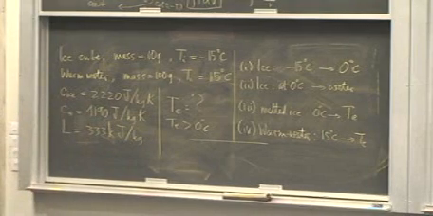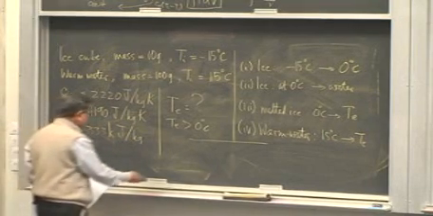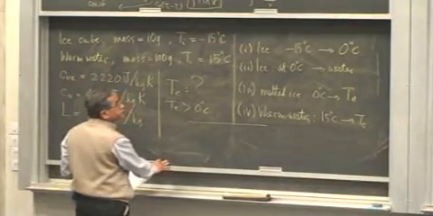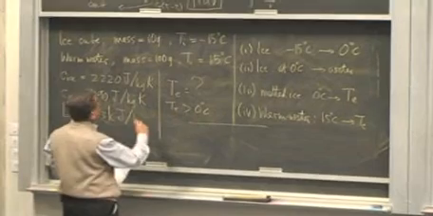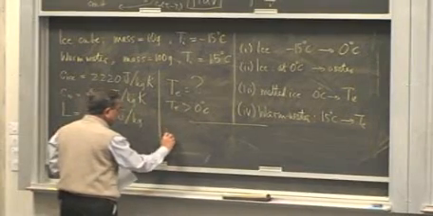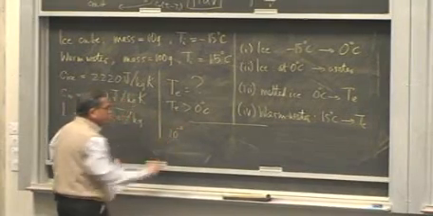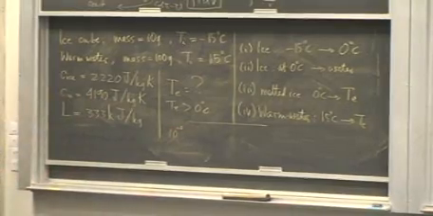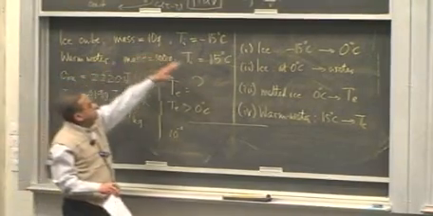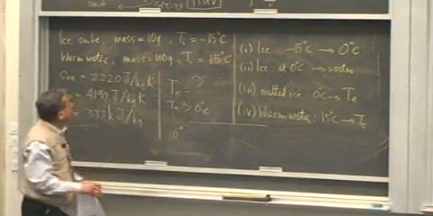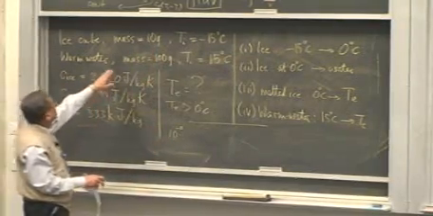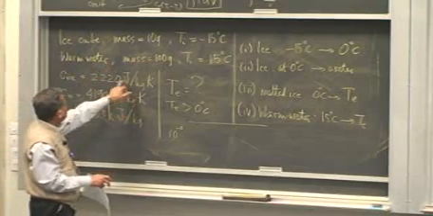In the first case, the contribution is, the mass is equal to 10 grams. 10 grams is 10 to the power minus 2 kilograms. Ice, in this case, is 10 grams, which is 10 to the power minus 2 kilograms, multiplied by heat capacity, which is given per kilogram.